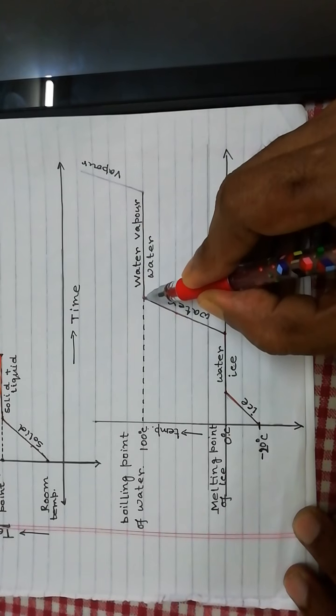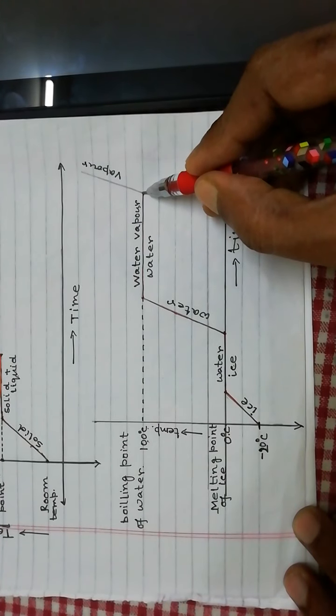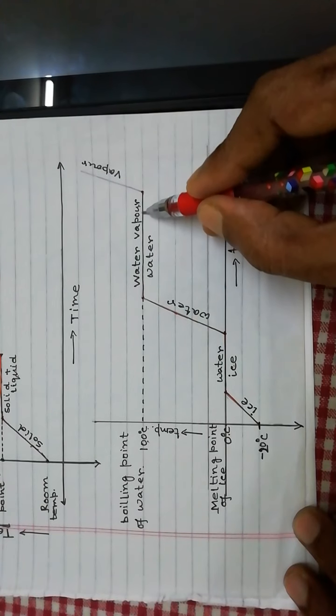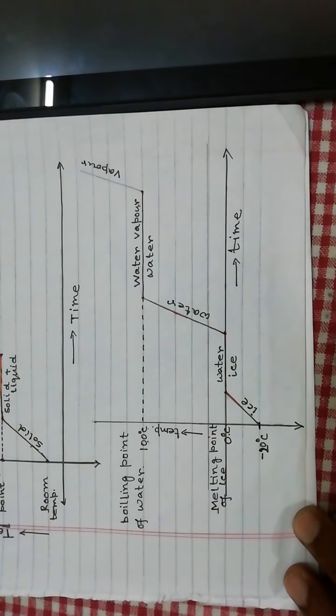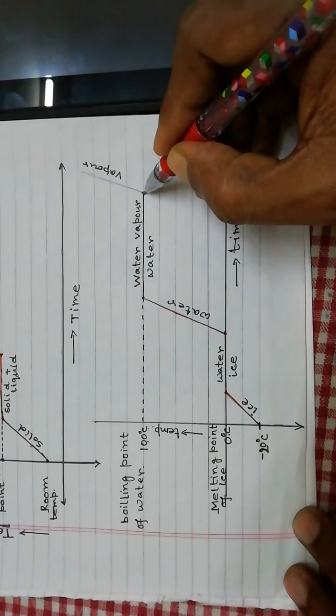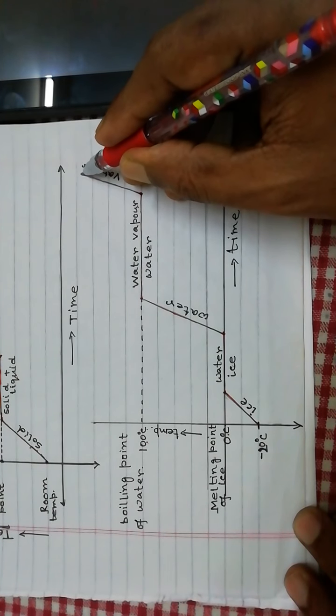Here it is water at 100 degrees centigrade. Here it is totally water vapor, but its temperature is 100 degrees centigrade. In between, water and water vapor both coexist. After reaching that point, the temperature of water vapor again starts to increase.